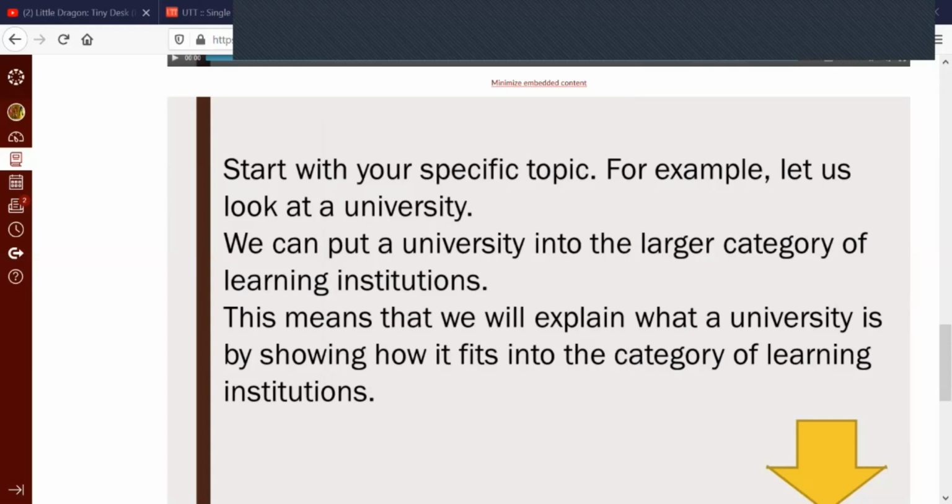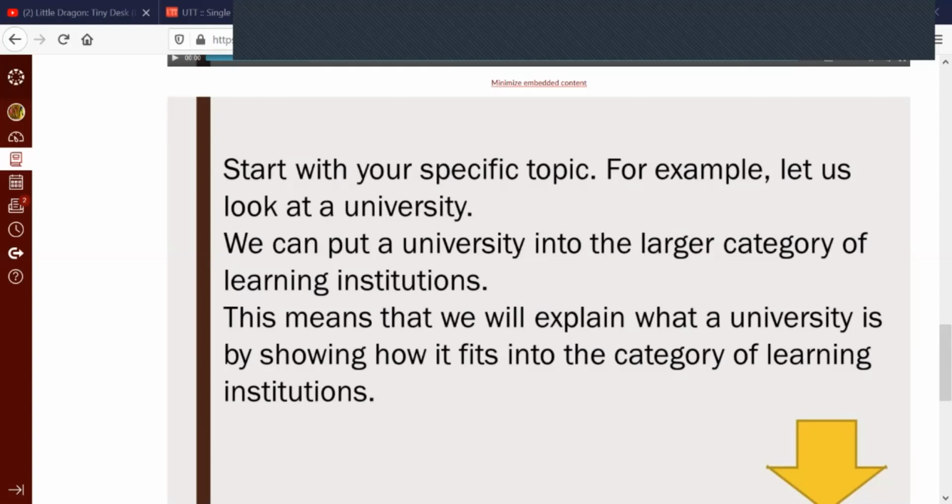So a university is a very specific thing, and we're putting it into a larger category, learning institutions. This means that we will be able to explain what a university is because people know what a learning institution is.